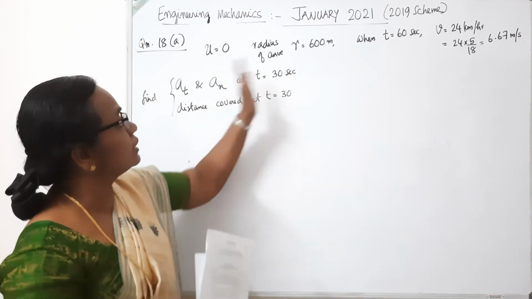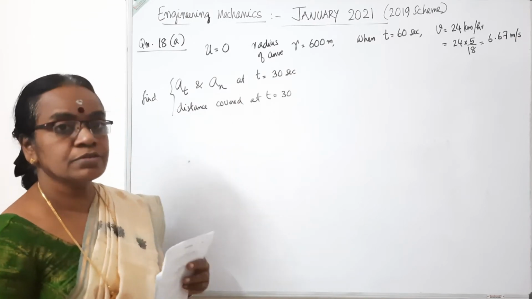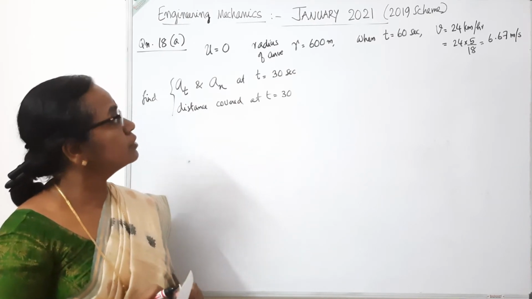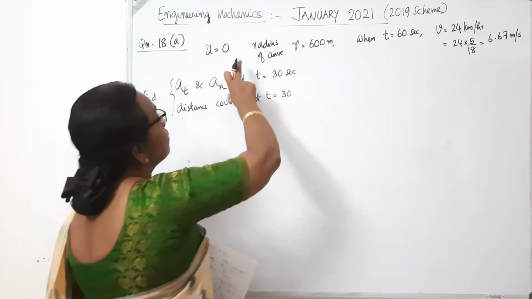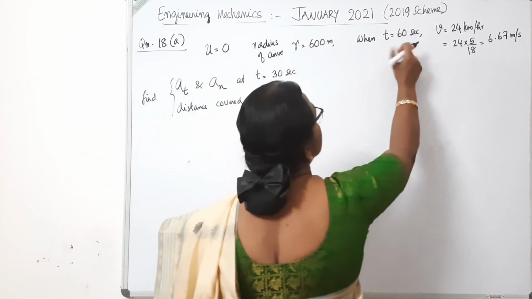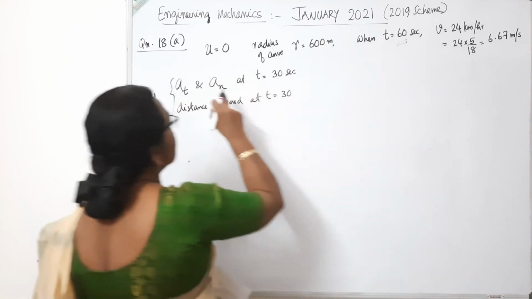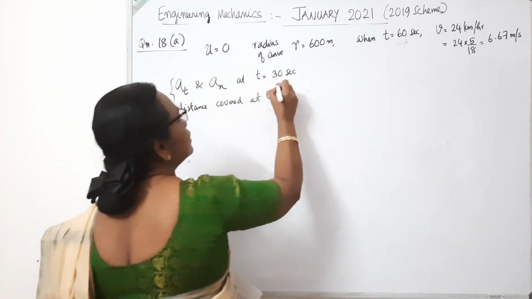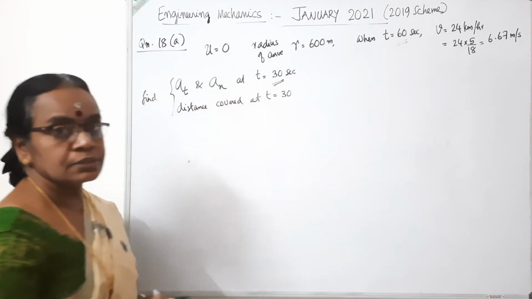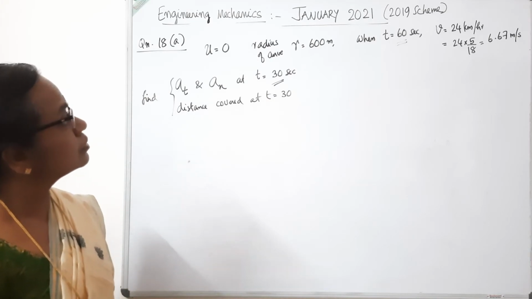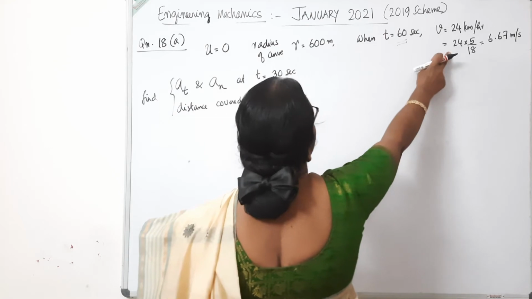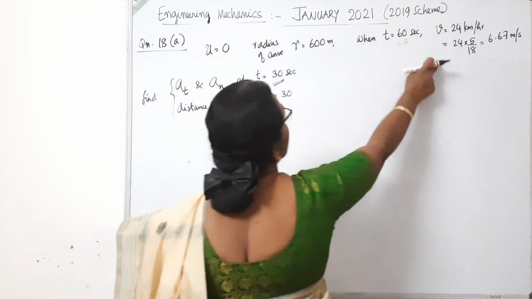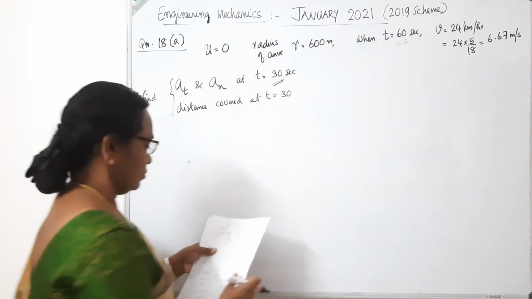We are given this data and these are the answers to be found out. The total time from 0 to 60 seconds is given, but you are asked to find out the tangential acceleration and normal acceleration when time is equal to 30 seconds. So we are given the initial velocity and the final velocity. Let us see whether we can find out the acceleration from this.